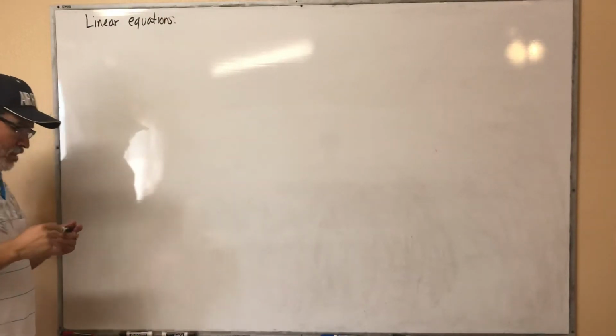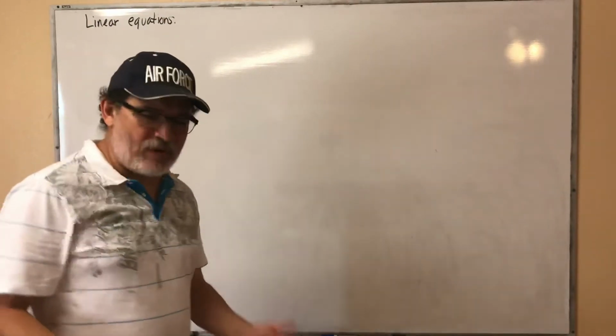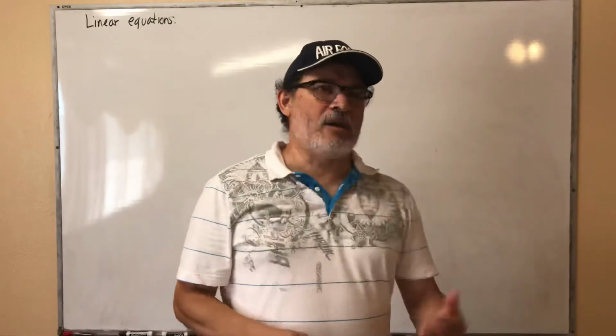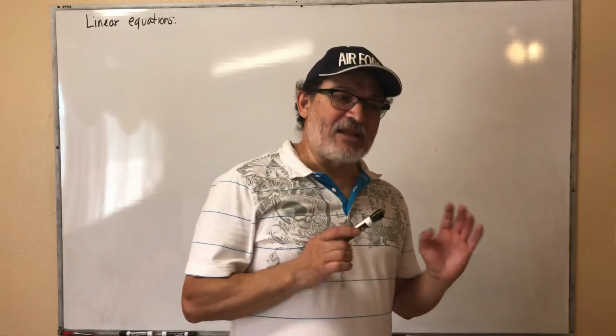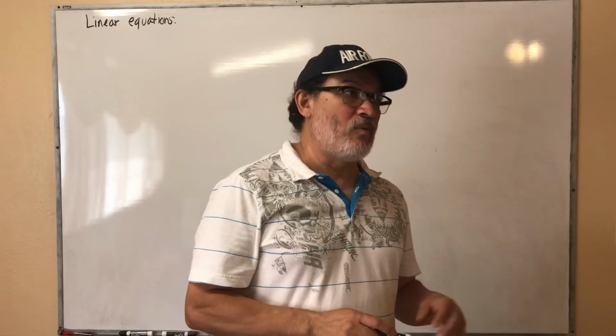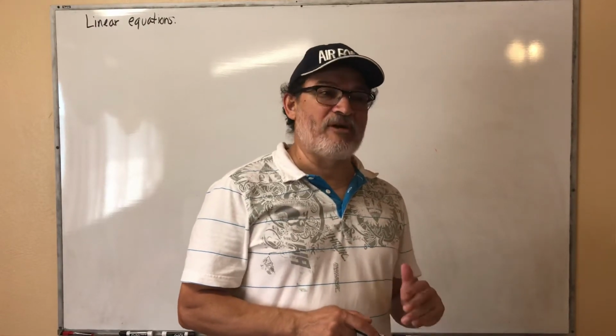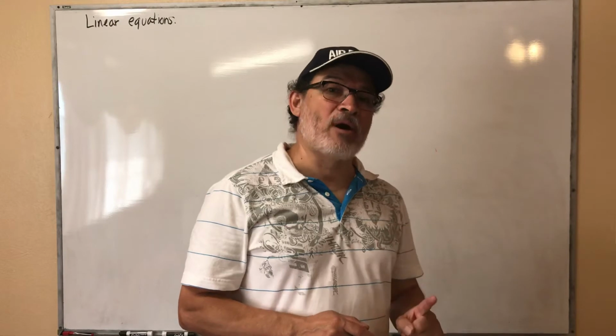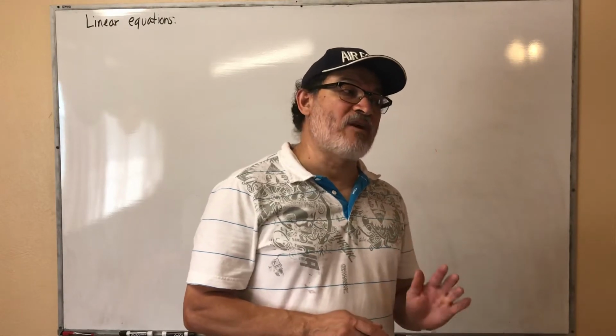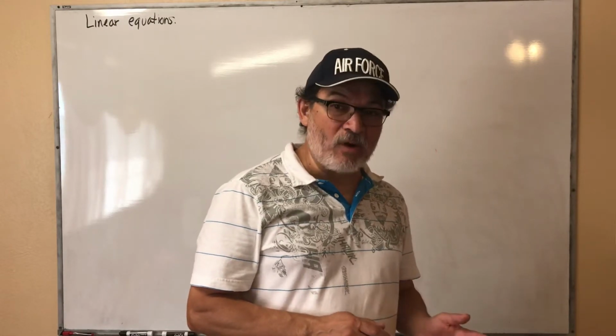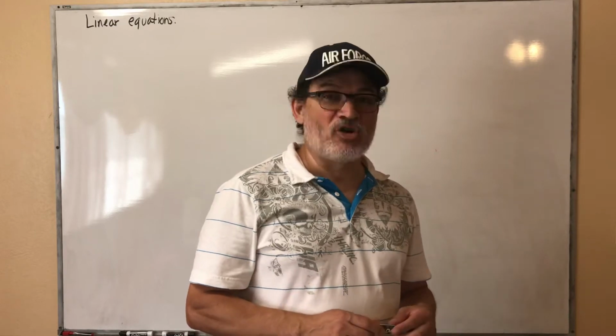Now, the question is, what is a linear equation? A linear equation is an equation with two variables, and both variables are raised to the first power. If one of the variables is raised to the second power or more, it's no longer a linear equation.